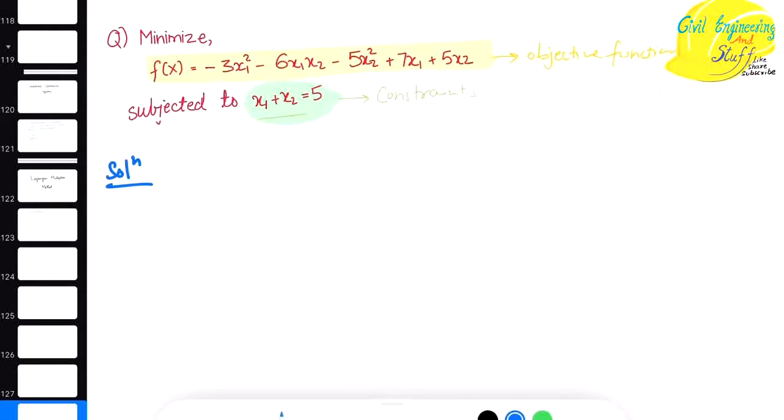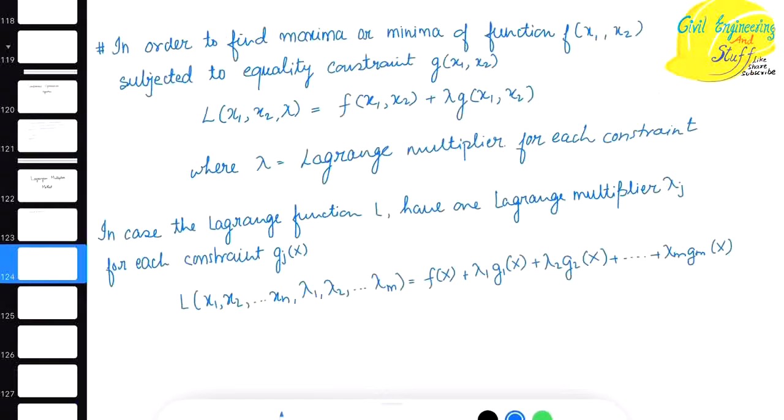The first thing is that we have to form a Lagrange's equation, and in that the constraint is also involved using the Lagrangian multiplier lambda. So the new equation L(x1, x2, lambda) will be formed using minus 3x1 square minus 6 x1 x2 minus 5 x2 square plus 7 x1 plus 5 x2, and as we have discussed, there will be a Lagrangian multiplier lambda followed by the constraint equation.